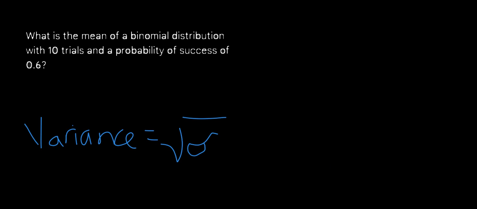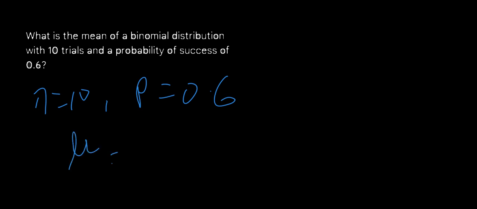So let's quickly use this info to find our mean. Now from here our n is 10 and our p is 0.6, so our mean value is 6. What this simply means is that 6 is just the expected number of outcomes, given the number of trials and probability of a success.